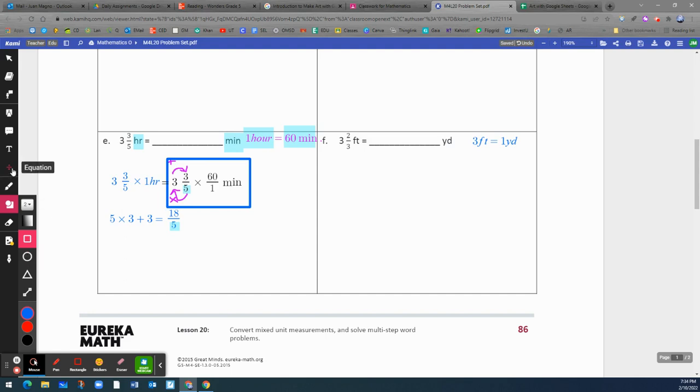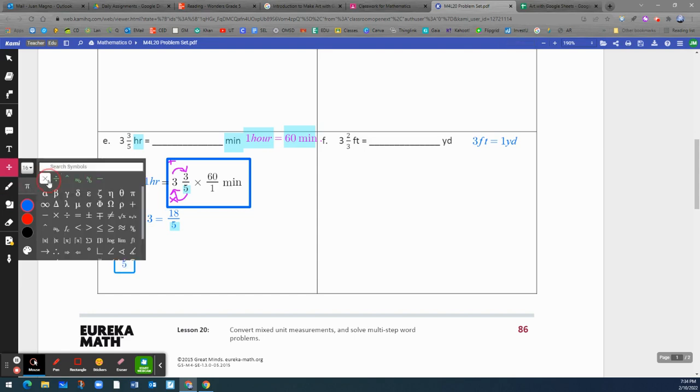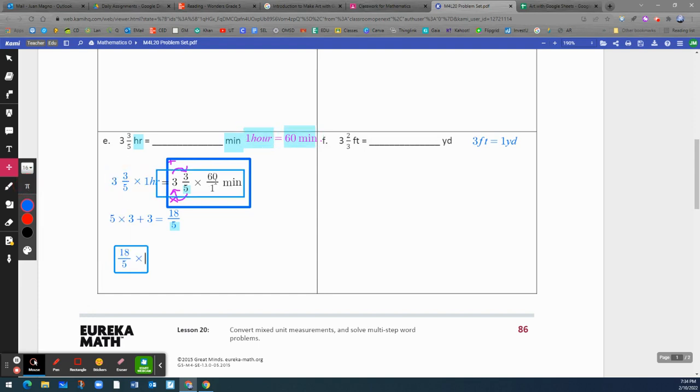Okay, let's rewrite it. So now the new fraction is going to be 18/5 times, just like we said, 60 over 1. Okay? And now we do the multiplication.